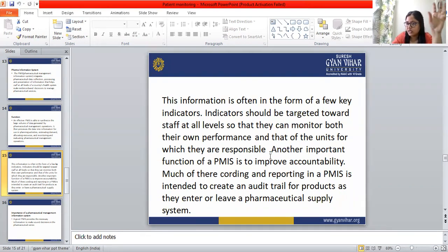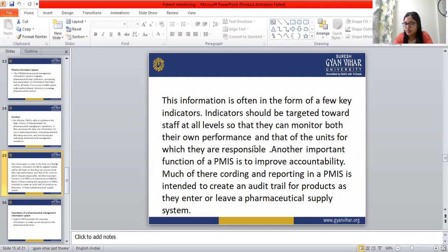So that information is often in the form of a few key indicators. That indicator should be targeted towards all the staff present in that pharmaceutical company at all levels, so that they can monitor their own performance as well as the performance of the unit for which they are responsible.